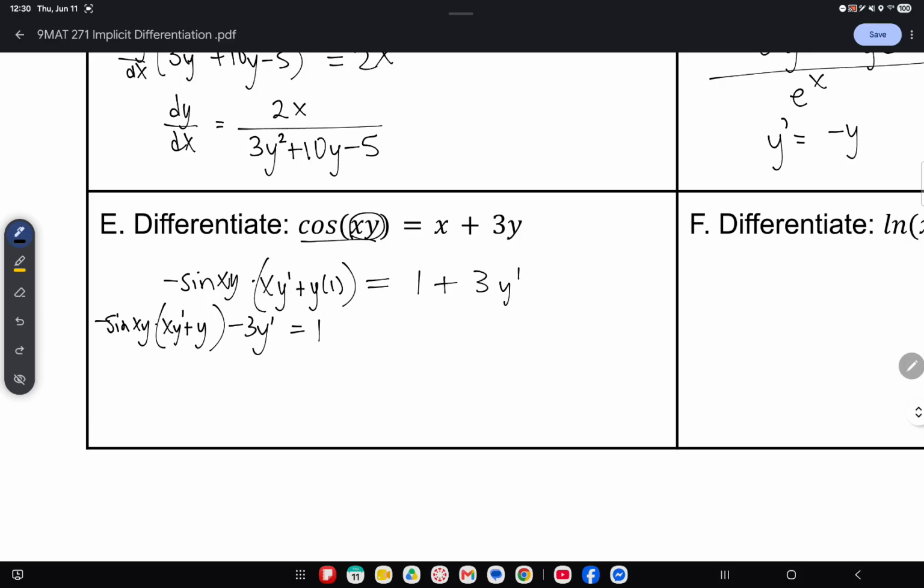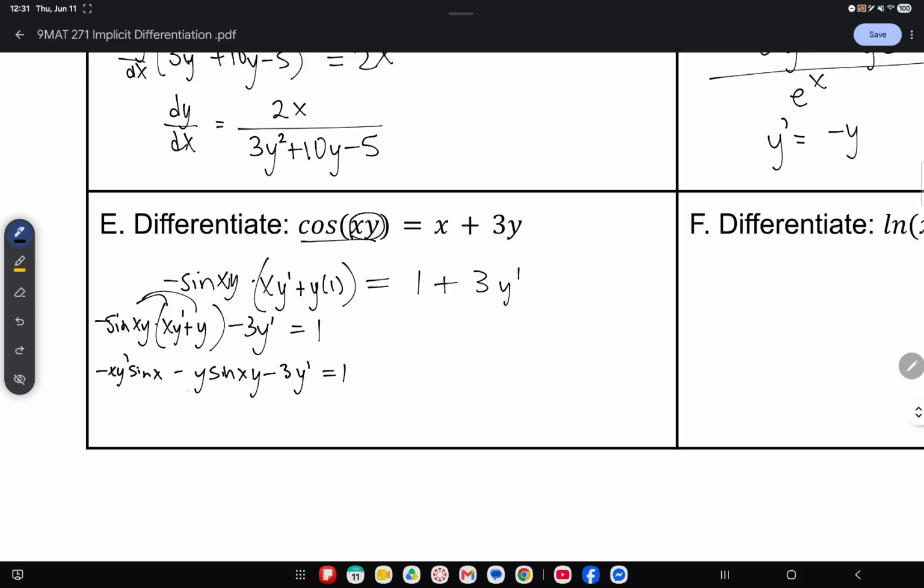And I think it might be easier if I just distribute the negative sine of xy into that quantity so that I can isolate some things. And now I'm going to make this xy prime in front. So negative xy prime sine of xy minus y sine of xy minus 3y prime equals 1.